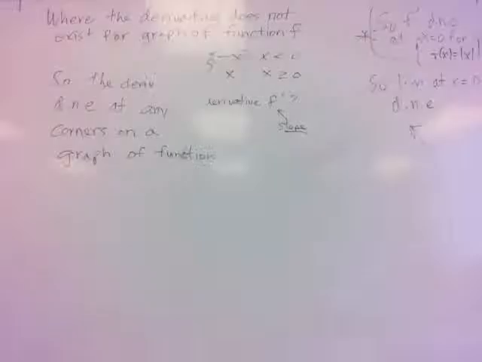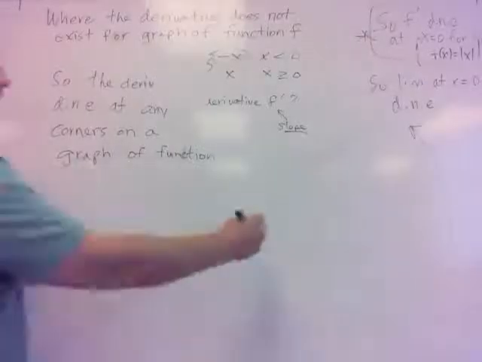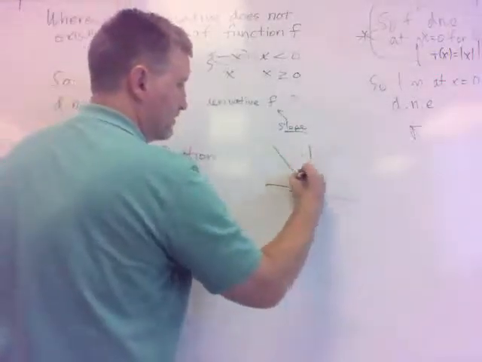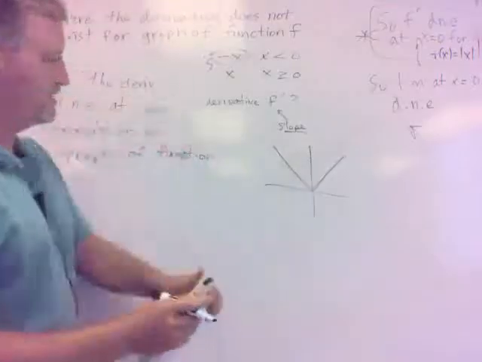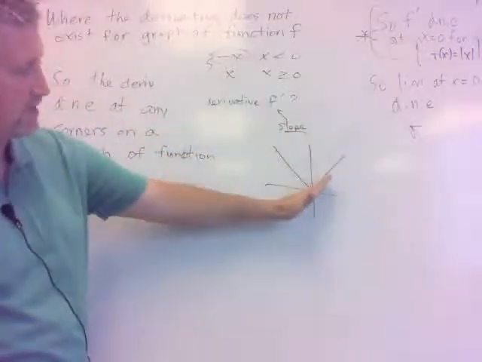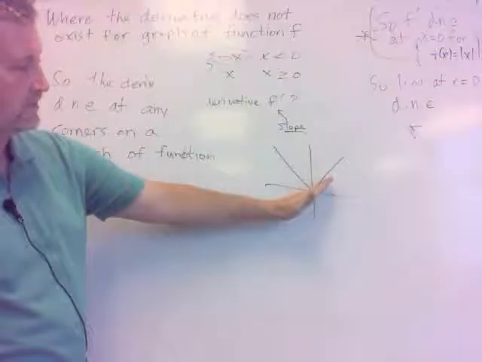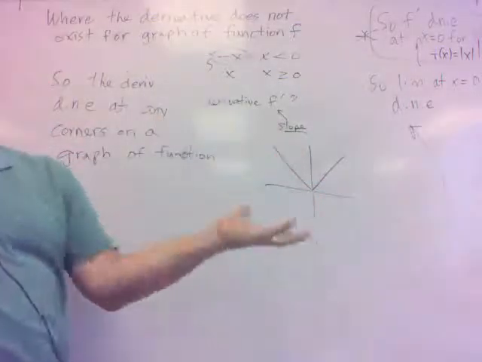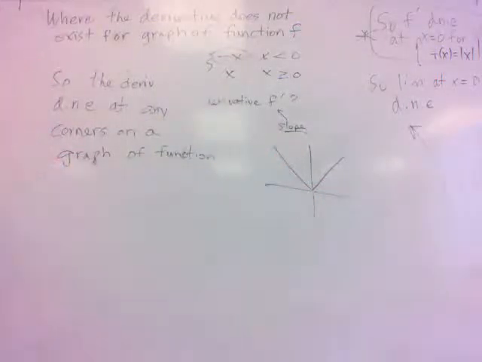Why is it again? Because here, as you're coming in, your limit is -1. Coming in here, the limit is +1 for that definition of derivative thing.